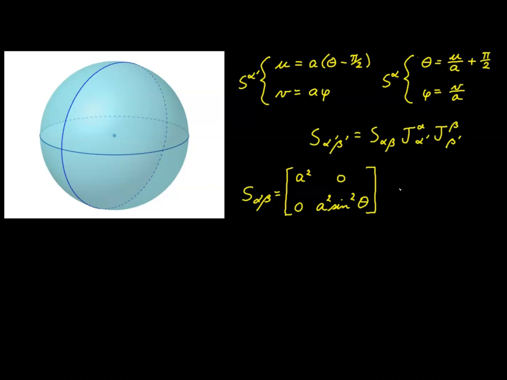Okay, so it works like this. We have Jacobian factors J alpha alpha prime, which will be equal to all the possible partial derivatives of our S coordinates with respect to our S prime coordinates. So we work our way through it. The partial derivative of theta with respect to u is simply equal to 1 over a.